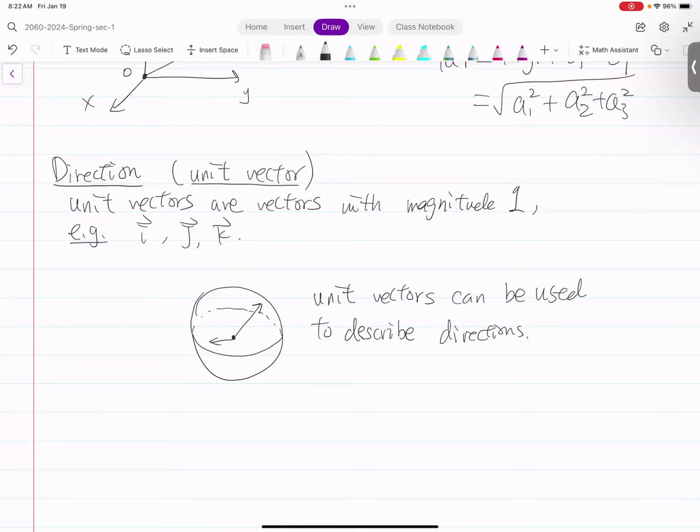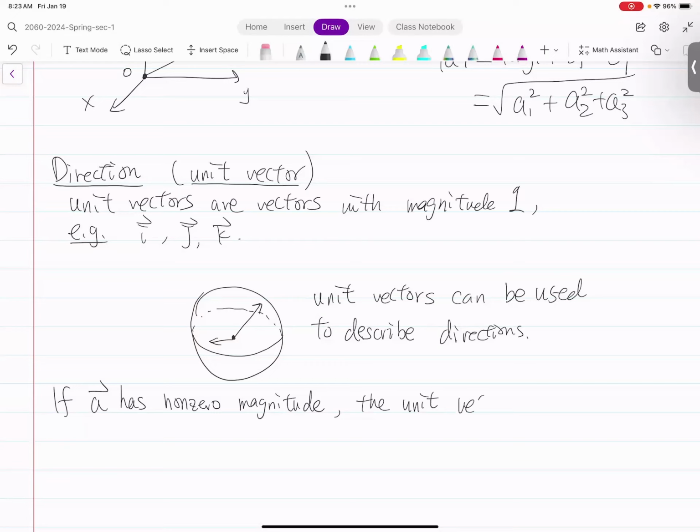So as long as the vector A has non-zero magnitude, then we are able to find the unit vector along that direction.